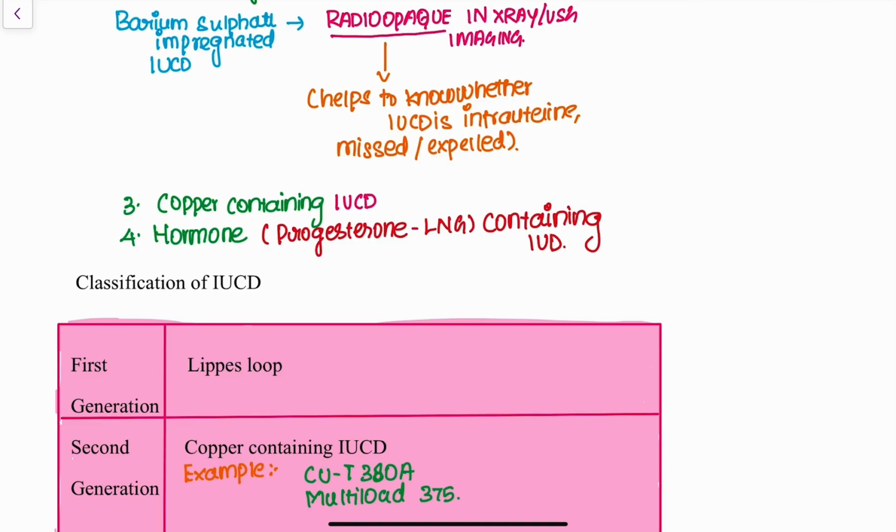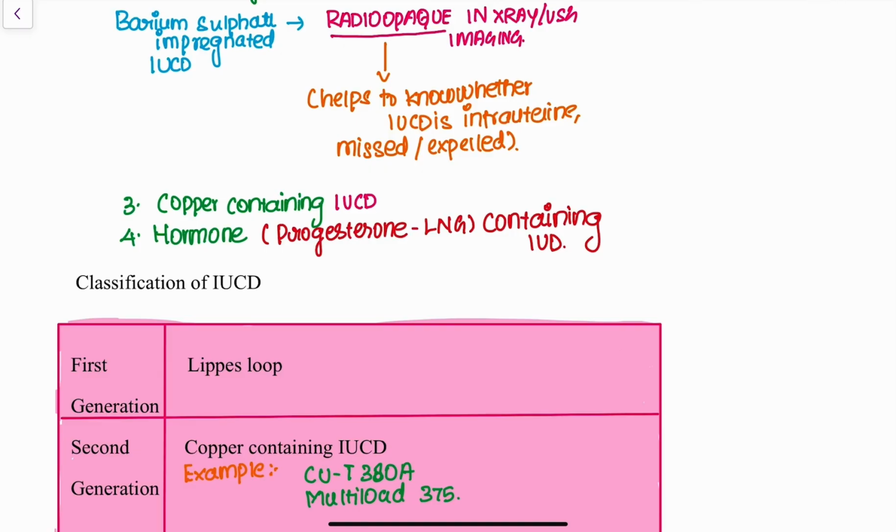Is that clear? Yes. So later, medicated intrauterine contraceptive devices came into play, where initially the copper containing intrauterine contraceptive device was invented, and later even hormonal intrauterine contraceptive devices like the progesterone containing intrauterine contraceptive device were invented. See how the invention went.